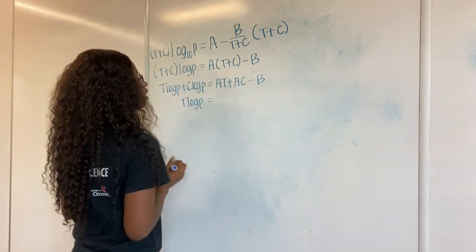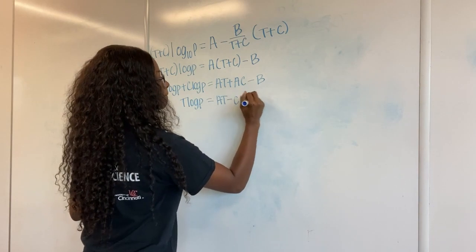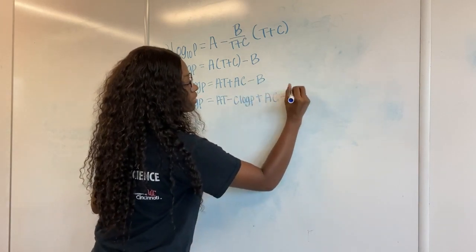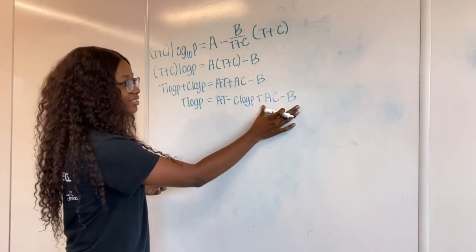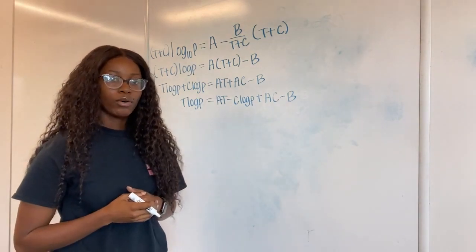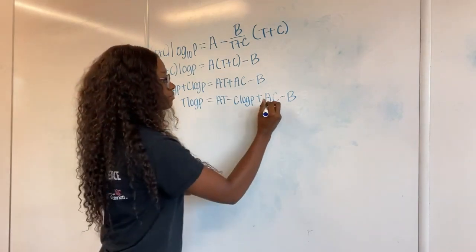So we're left with T log of P equals A times T minus C log of P plus A times C minus B. Now, you might notice that the term AC minus B is simply some fitted parameter, so we can refer to it by just a constant, and we'll refer to it as D.